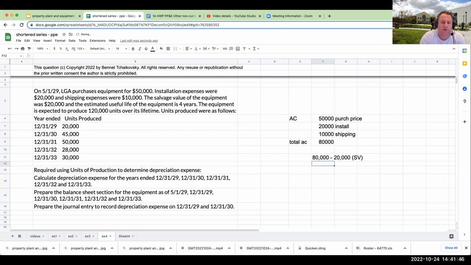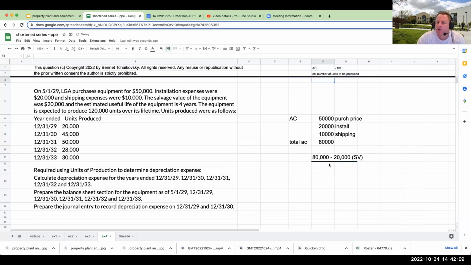Because this is units of production, we're going to be dividing this by my estimated number of units to be produced. Remember, the formula is acquisition cost minus the salvage value divided by the estimated number of units to be produced.